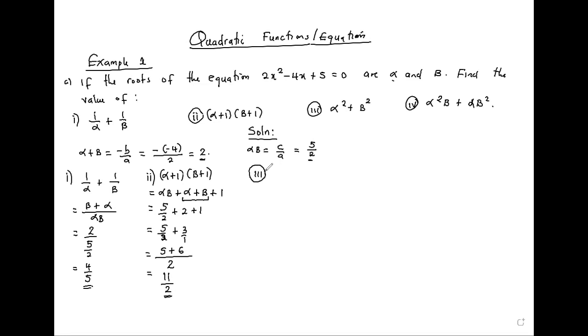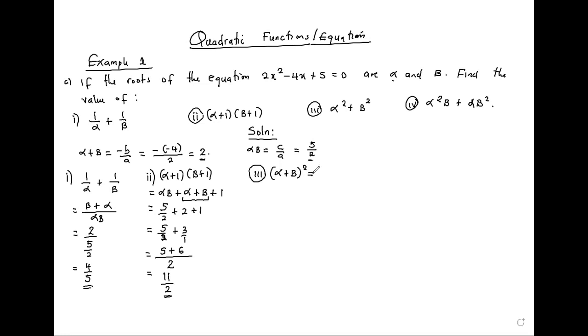3, alpha squared plus beta squared. We need an expression that can help us get a formula for alpha squared plus beta squared. That expression must have terms that are known. Since we only know the sum and the product, we'll go for the sum. We'll square the sum and see what we get.